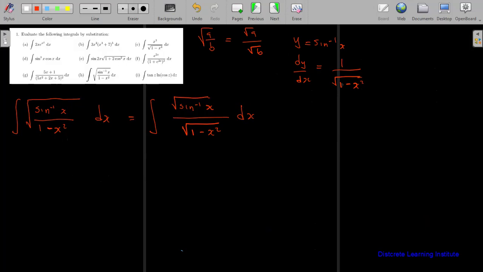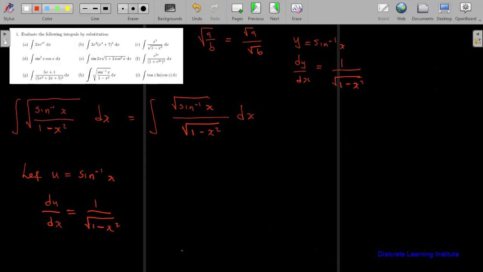So you can see that this will be easier. If I let u be sine inverse of x, it's easier to cancel out these roots, which you will see shortly. So let u be sine inverse of x. Then du dx, the derivative of sine inverse of x, is 1 over the square root of 1 minus x squared.